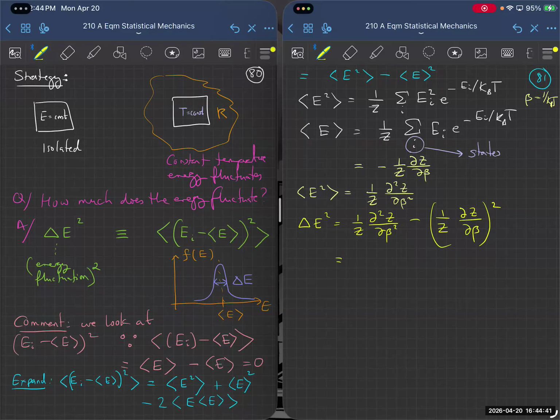What do you get? Z ln Z? You're saying the derivative of Z ln Z with respect to beta? I don't think so.